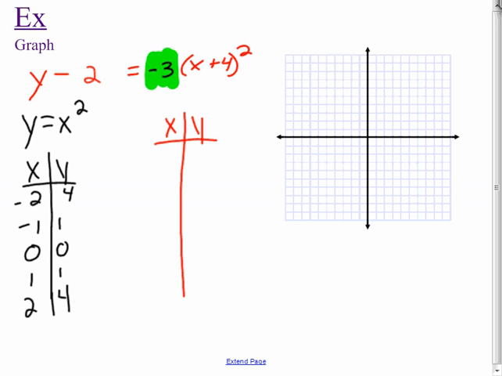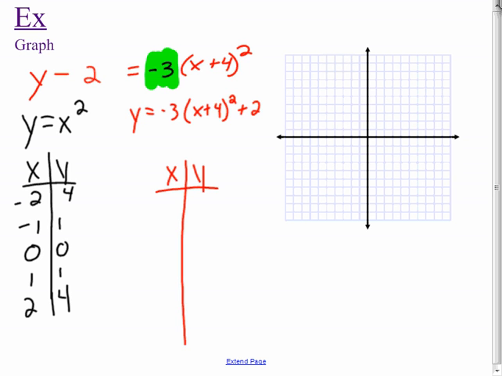So I pulled up my parent function. I'm going to rewrite my equation. So when I look at my x values, what's affecting my x? It says +4, so I do the opposite operation, which means I'm going to subtract 4. And then I look at what's affecting my y.